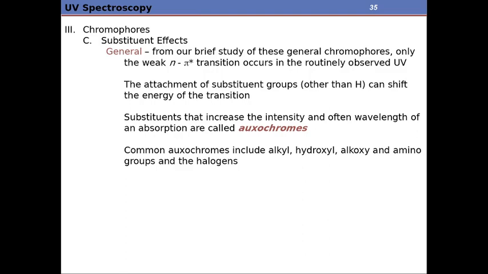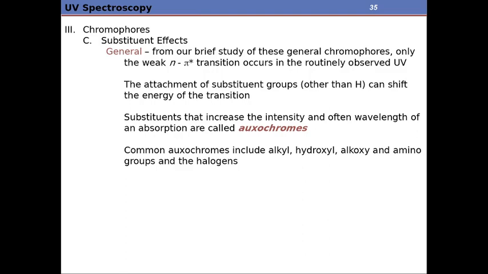And if you have any substituent attached to the functional groups or chromophores, it could change the intensity or the transition energy of the chromophore. Okay, so some substituent groups, when attached to the chromophore, could change the intensity of the electronic transition, or the transition energy.